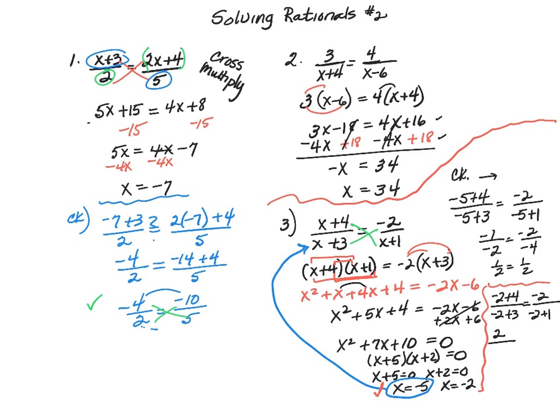In the denominator, negative 2 plus 3 is going to give you a positive 1. Is that going to be equal to negative 2 over negative 1? Well, as it turns out, it is, because a negative divided by a negative is a positive. So you can come back and say, hey, you know what? This one also works. So your solution is both.